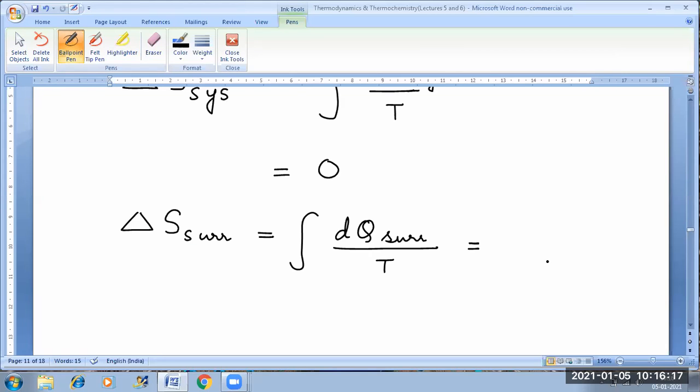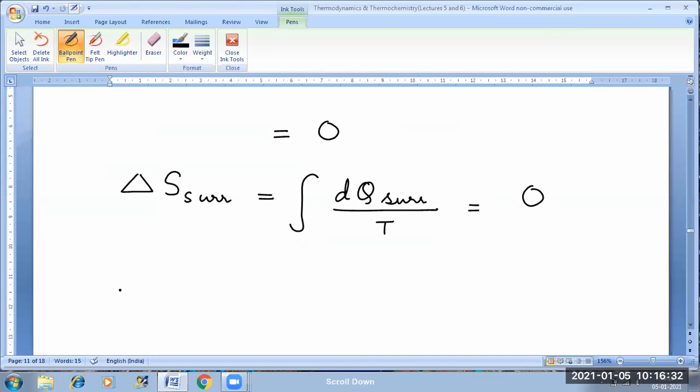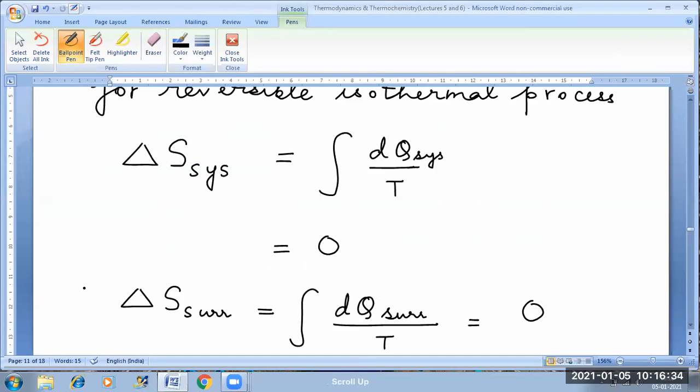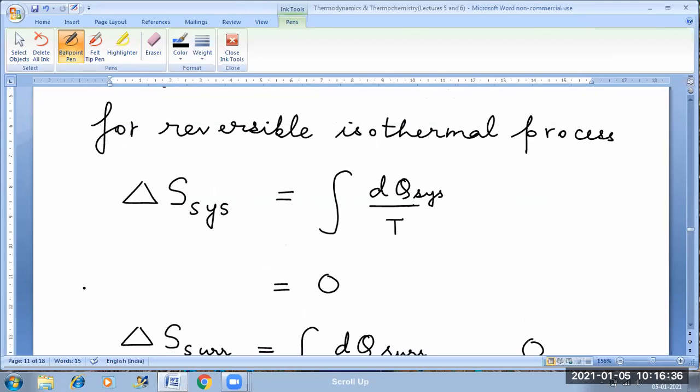Since the process is adiabatic, the system will neither lose heat to the surroundings nor gain heat from the surroundings. So there is no heat exchange at all between system and surroundings. So it is also 0. So if I again add up delta S system plus delta S surroundings, this will be 0.